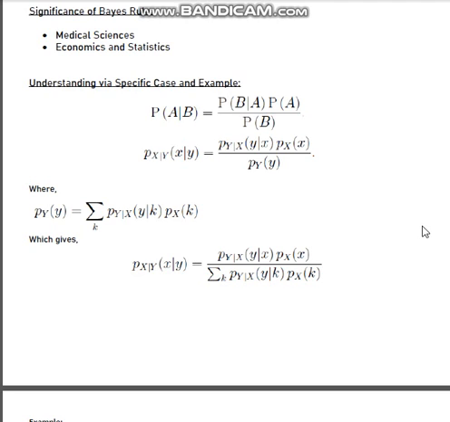Right. So right here is the basic formula for the Bayes rule, where P of A given B is the posterior, P of B given A is the likelihood, P of A is the prior, and P of B is the marginal likelihood.